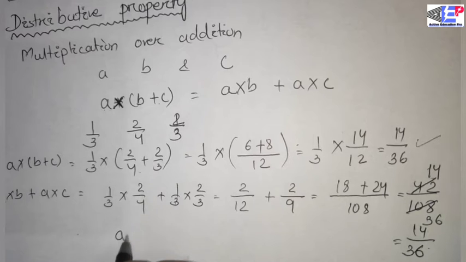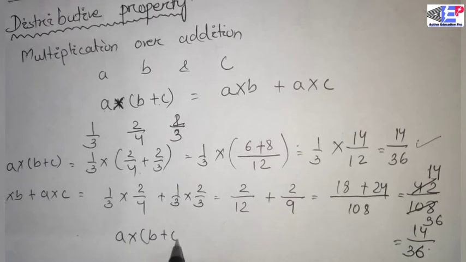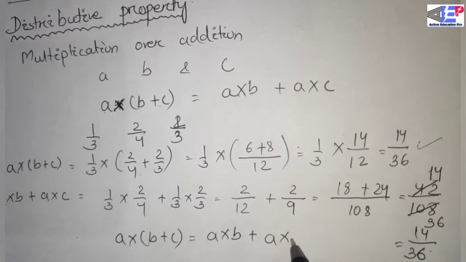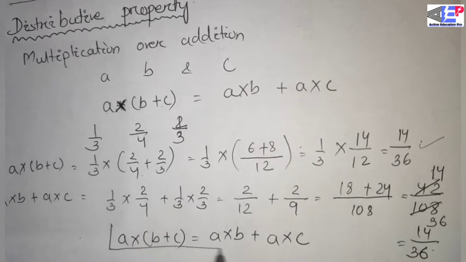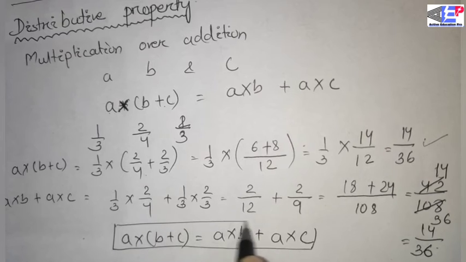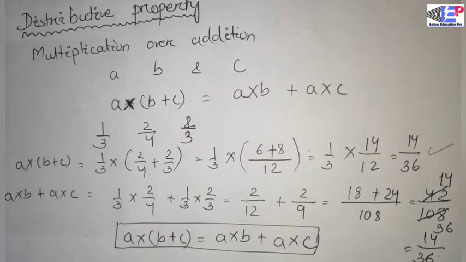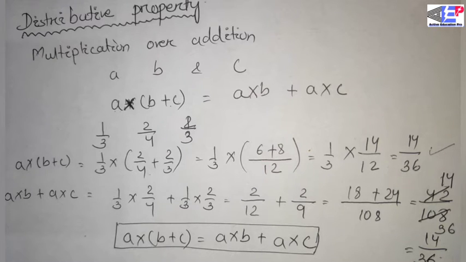So A cross (B plus C) is equal to A cross B plus A cross C. This satisfies the rule for the distributive property for multiplication over addition for rational numbers. So it holds true for multiplication over addition for rational numbers.